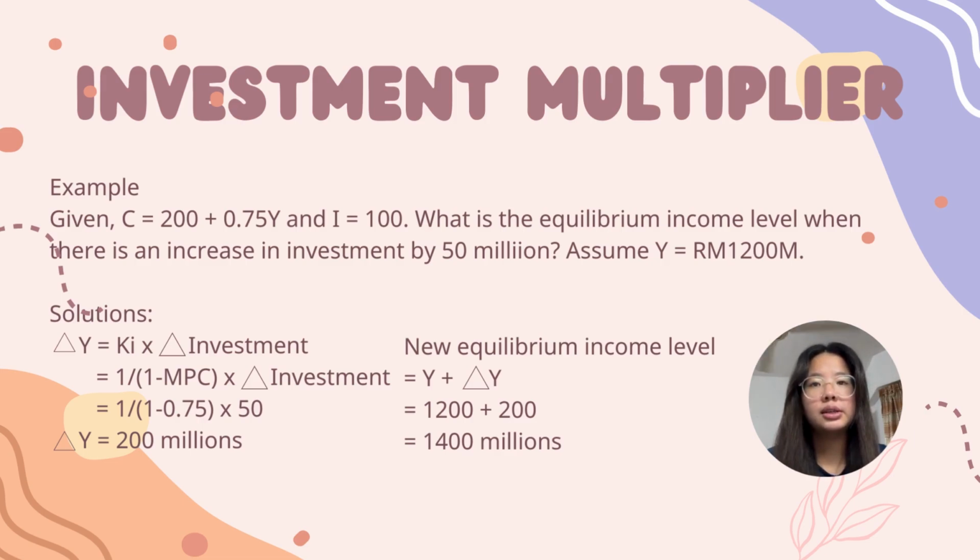So the solution is change in Y equals K times change in investment. So we can get the final answer as 200 million. So the new equilibrium income level will be Y plus change in Y, which is 1,200 plus 200, equal to 1,400 million.